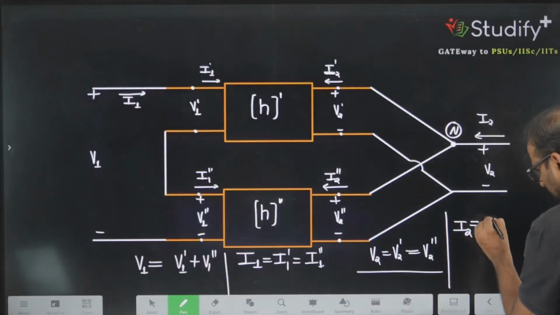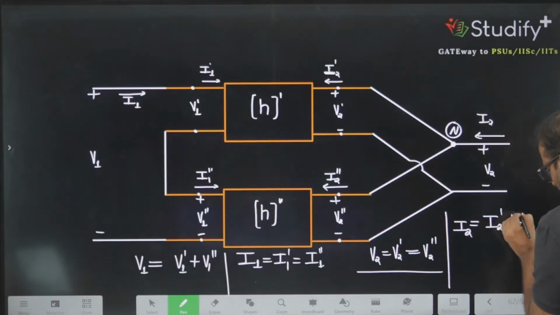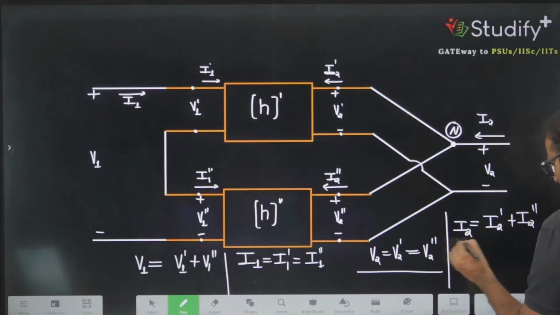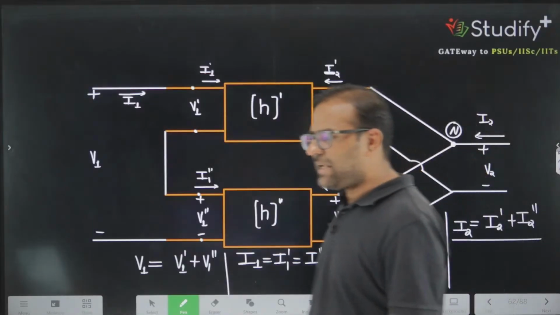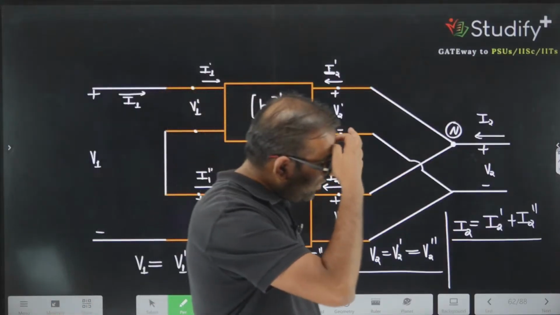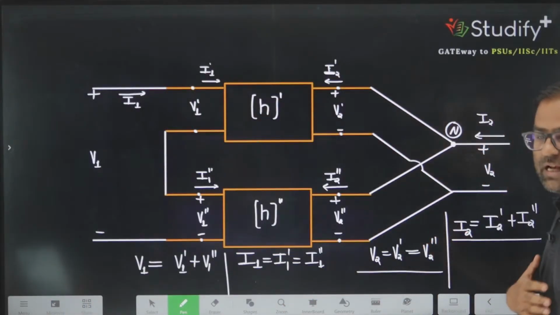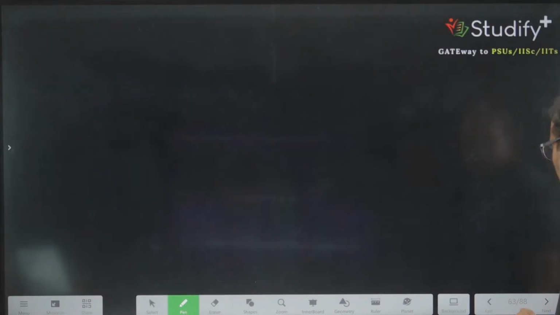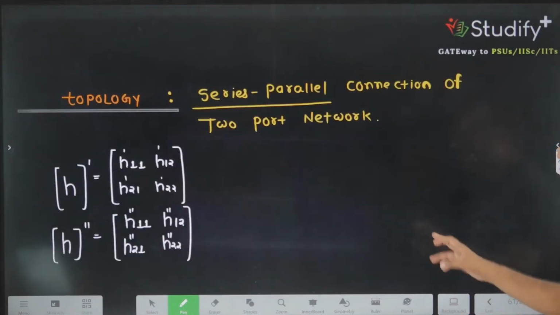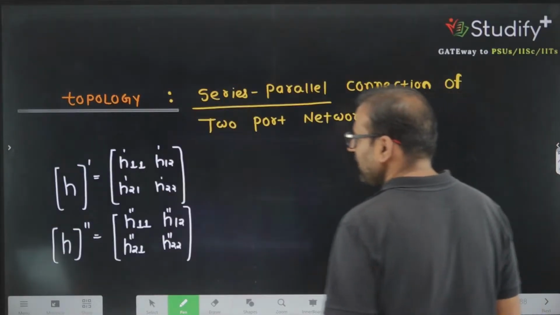So this value is I2 prime plus I2 double prime. If this is so, I can write the individual H parameter matrix and then add them. So which topology can add H parameters? The series-parallel connection.